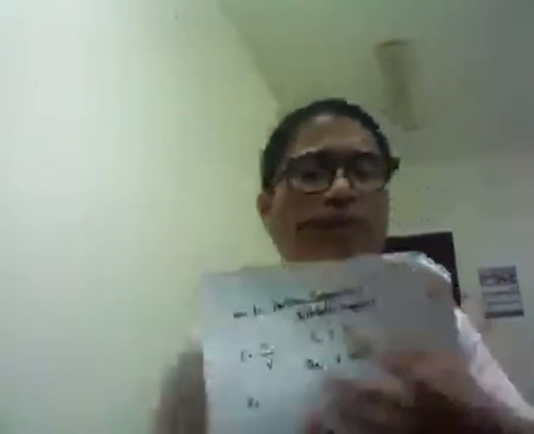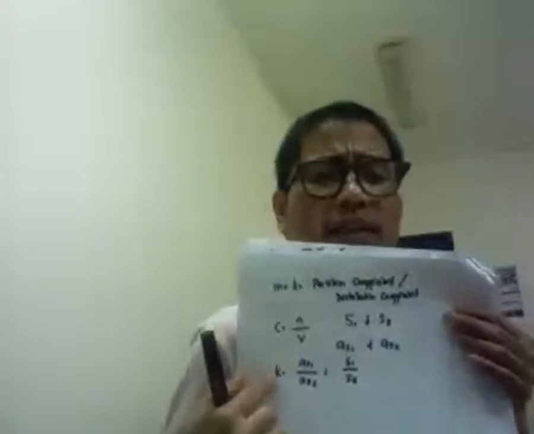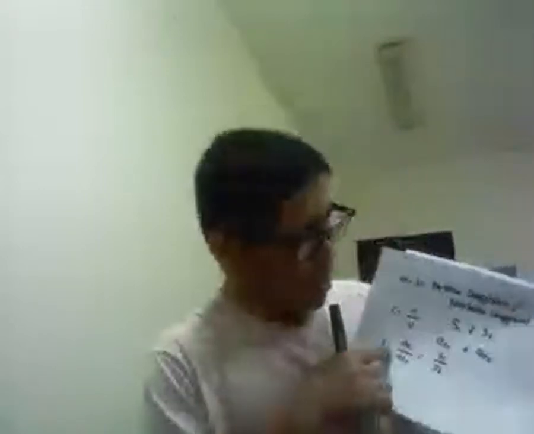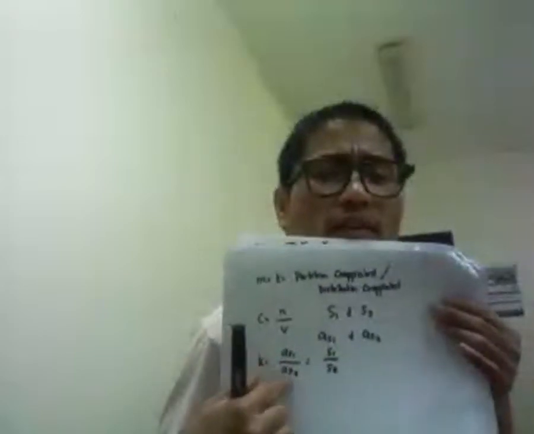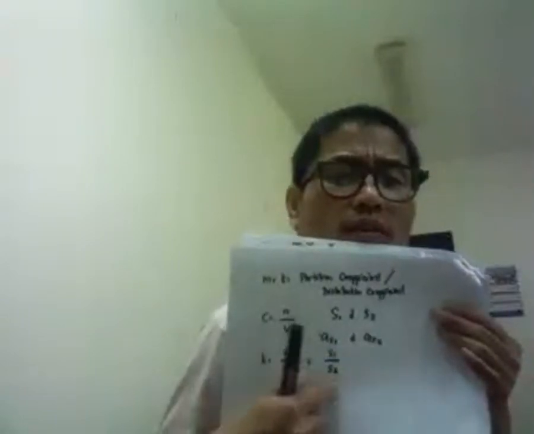So if we take the ratio and proportion of these quantities, we can obtain AS1 over AS2, which is also equal to S1 over S2. So the distribution coefficient or partition coefficient is equal to the activity of solubility 1 over the activity of solubility 2, referring to the liquids, which is equal to solubility 1 over solubility 2.